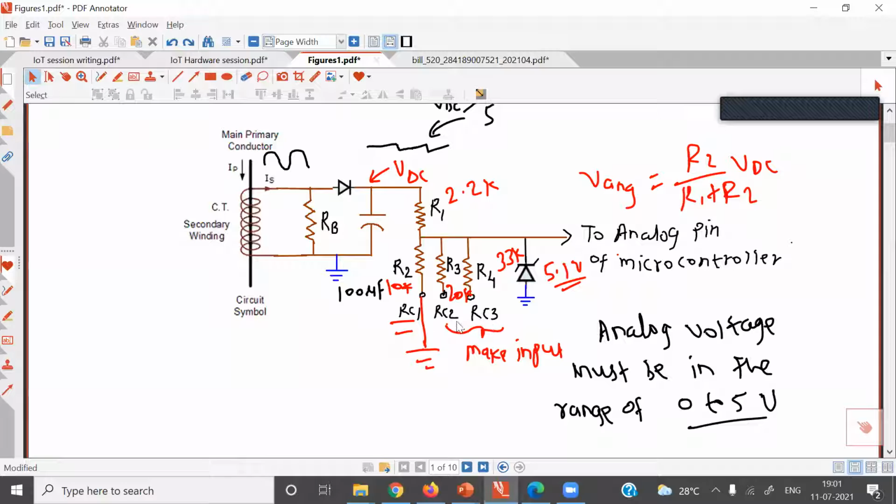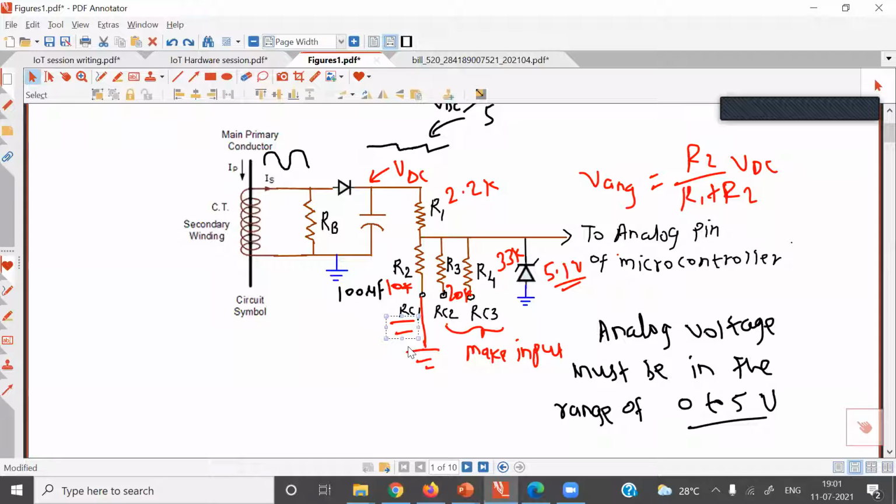You can do only two things. Either apply logic 0 or make corresponding port pin floating by making TRIS bit 1. Just make this port pin digital input with the help of TRIS bit. I am not saying analog input, just make it digital input. So when you make RC1 and RC3 pins digital input, R2 and R4 will be in floating condition.